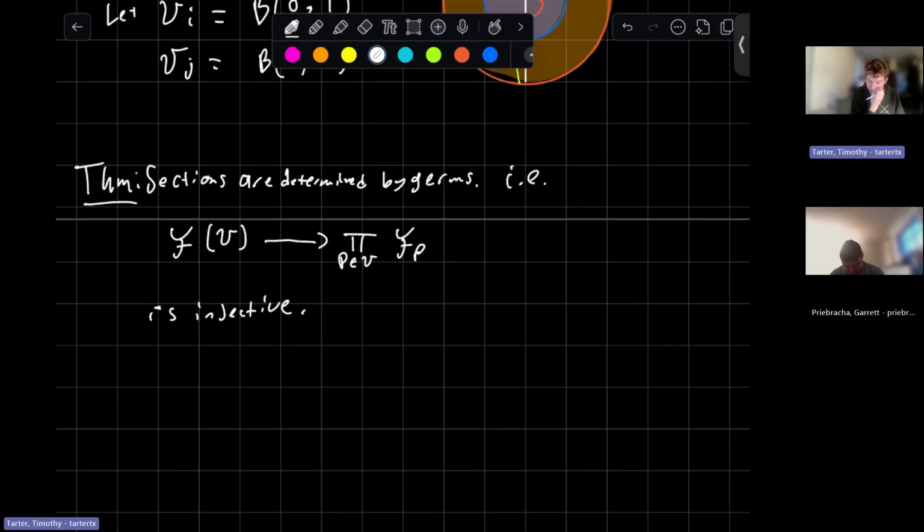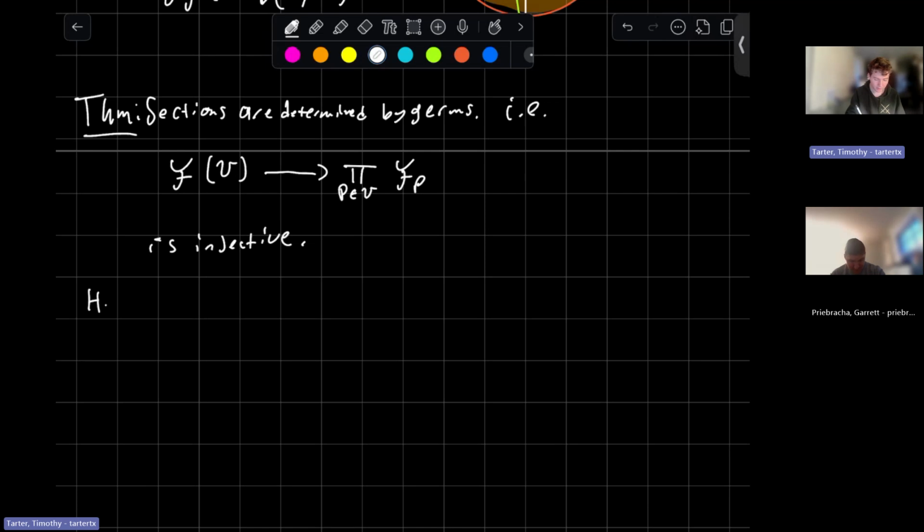So yeah, I guess okay. He gave 2 hints. Hint: use the identity axiom of sheaves, not glue.